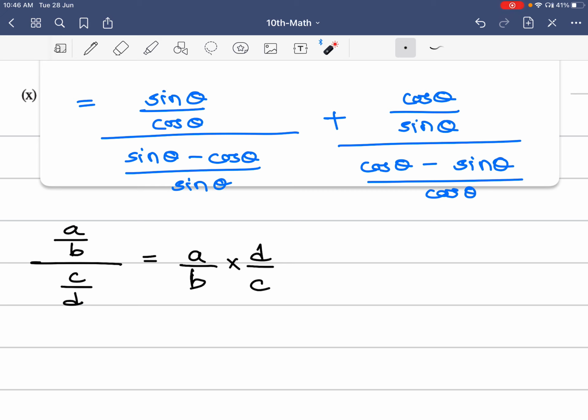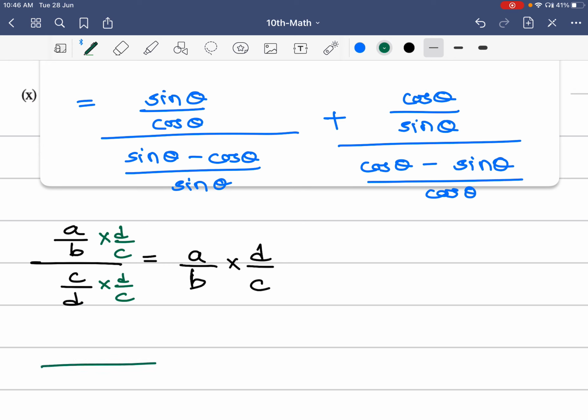Once again we'll try to explain this simple thing. A by b the whole divided by c by d. What I'm actually doing is, let me use a different color, I'm multiplying the denominator by d by c, and I'm multiplying the numerator also by d by c. Now c by d into d by c is equal to 1.